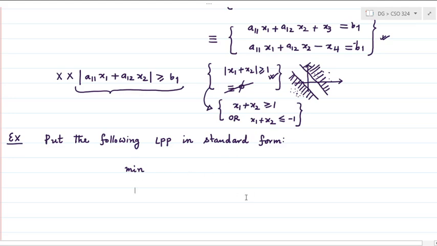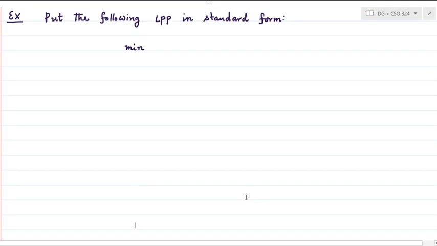The given problem is the following. Minimize the objective function z equals 3x1 plus x2 plus 2x3, subject to minus 2x1 plus 4x3 is equal to 3, the first restriction.